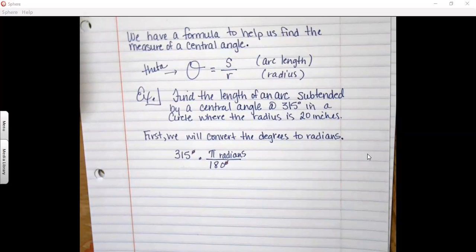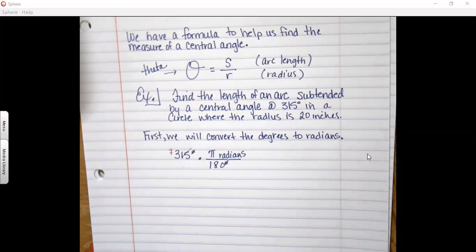So what I'm left with is, in my numerator, 7 pi radians, and in the denominator, 4. Or we could just say 7/4 pi, okay? Because I'm not going to write the word radians in my formula.